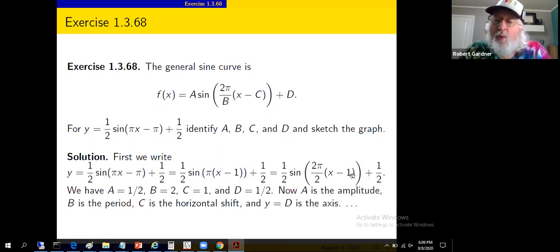We're subtracting off 1. So C must be 1, positive 1. Notice there's negative signs in both of them, so we're good. C is positive 1. D is what's added on the right, and 1/2 is added on to the right, so D must be 1/2. Okay, so that gives us amplitude, period, horizontal shift, and the axis as follows.